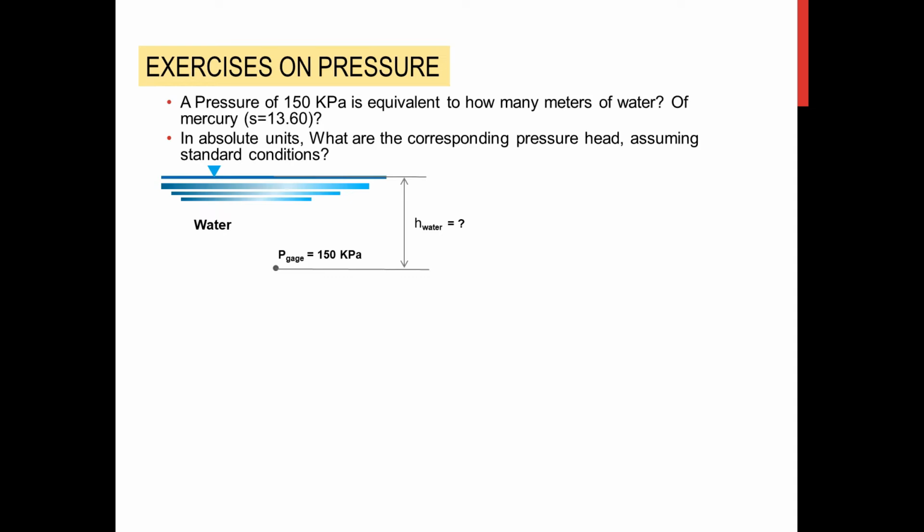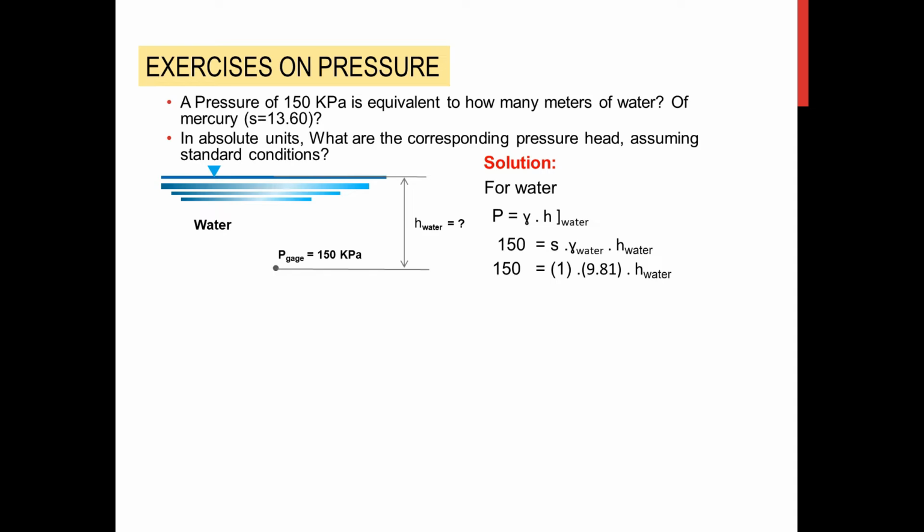Given the gauge pressure 150 kilopascal, we can derive the head of water by its formula that the pressure is equal to gamma H. For water, we write the formula P is equal to gamma H. Now we substitute the value of the required pressure, 150. So that equates to the specific gravity times gamma of water times the head of water.